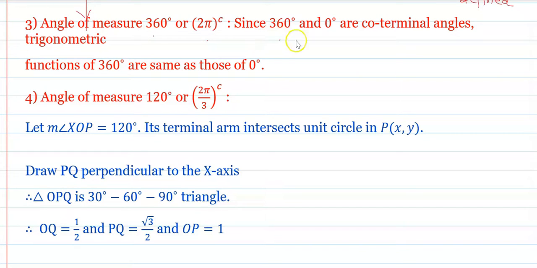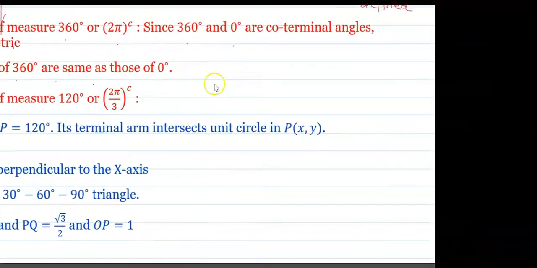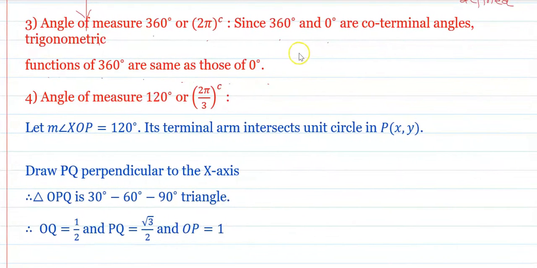Since 360 and 0 are coterminal angles, trigonometric functions of 360 are the same as those of 0. Means what? Sine of 0 is equal to sine of 360, and that is equal to 0. The reciprocal of sine of 360 is cosec.